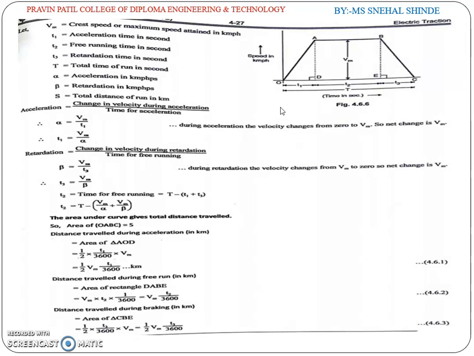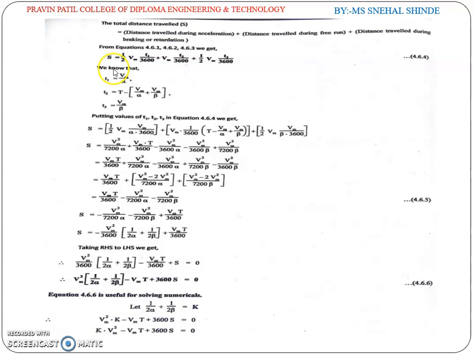So we have calculated alpha, beta, then simply the area formula, half into base into height, then in the rectangular formula, length into breadth, we have found out. Then as we know the total formula S equal to this formula, we have simply arranged the area. Then again we have put the T1, T2, T3 values and hence we solve this equation and we get the value of Vm. Thank you.